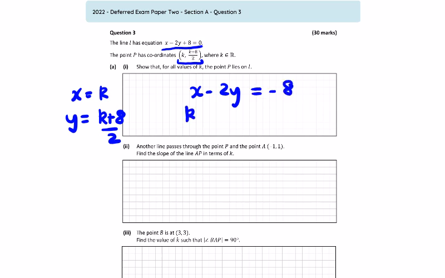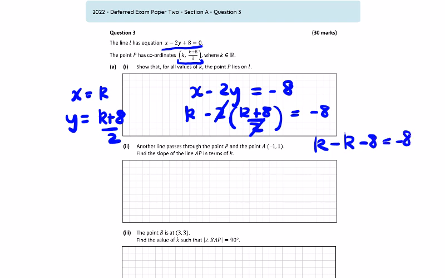So subbing in k minus twice k plus 8 over 2 equals minus 8. We'll get k, and these twos will cancel. We get k minus 8 equals minus 8. So the k's will cancel, leaving minus 8 equals minus 8. Therefore, and then repeat, the point P lies on L.